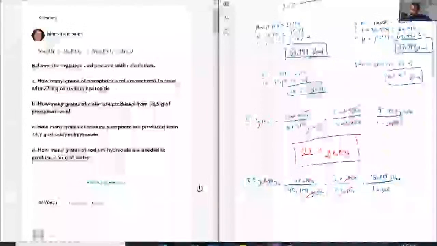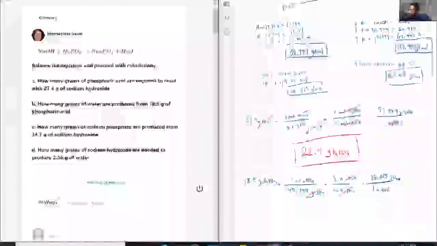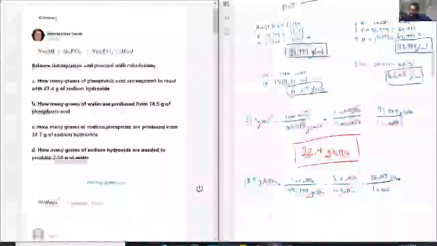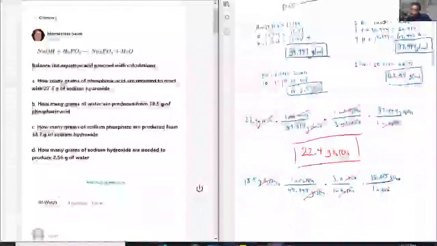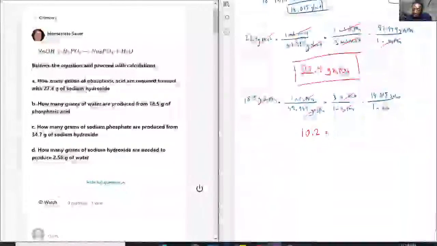So that's 18.5 divided by 97.994 times 3 times 18.015. We get, in total, if we rounded it the same way, 10.2 grams of water. Okay?